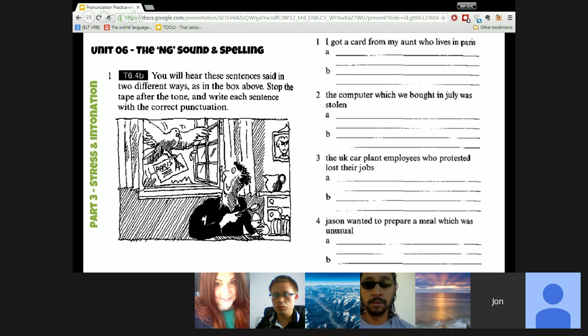The computer which we bought in July was stolen because we bought a computer in August and we bought a computer in September. But only the computer in July was stolen. In sentence 2A, the computer, the only computer, which we happened to buy in July, extra information, was stolen. Now we have no computer.